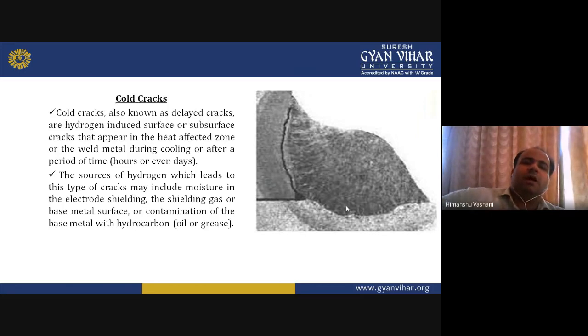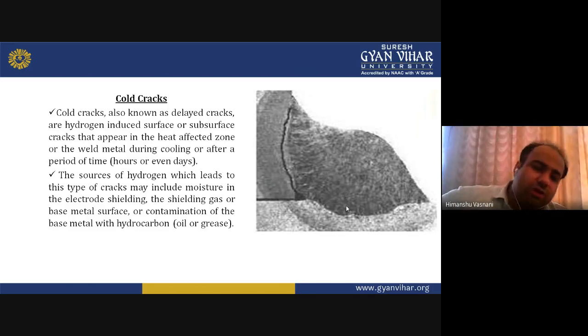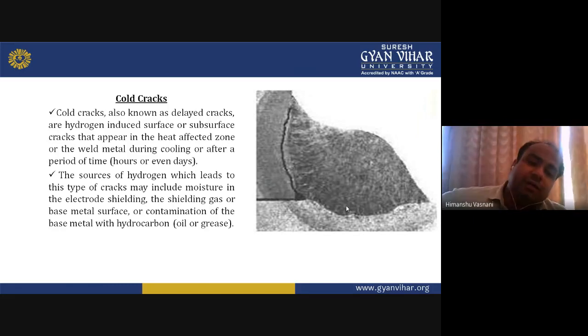They normally appear in or near the heat affected zone where the welding has been done, but are visible only after cooling of the welded area. They are not seen in the starting, but after a particular time has passed after the welding.